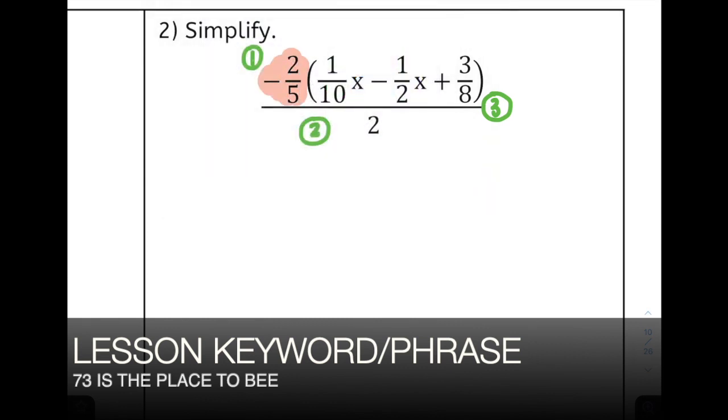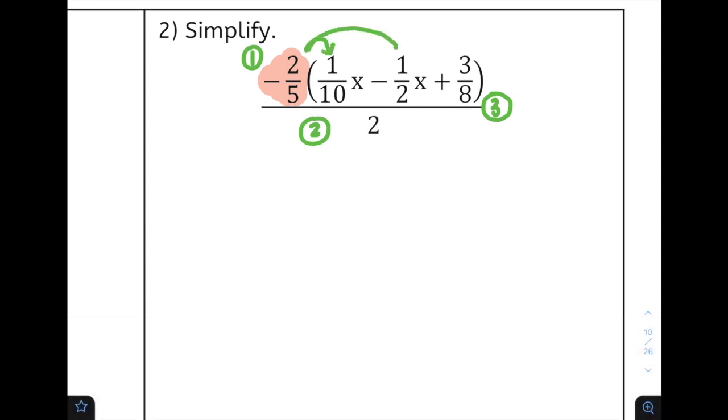So here we have our first term that we're going to multiply to every term inside the parentheses. So we have here 3 terms. But what I notice is inside our parentheses, we have 1/10 x minus 1/2 x. We could combine those, or we can just multiply and distribute first.